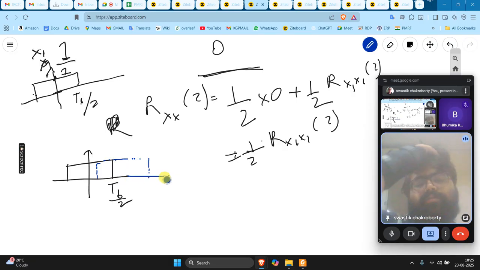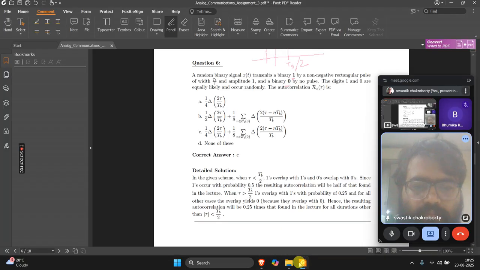When you are shifting the other signal between 0 and TB, you get this triangular function, and when it is greater than TB, you get another triangular function.